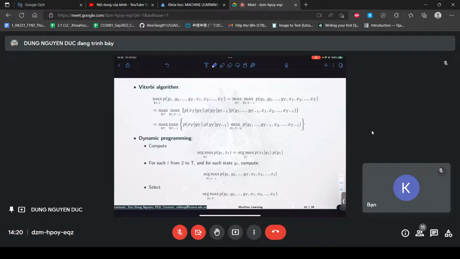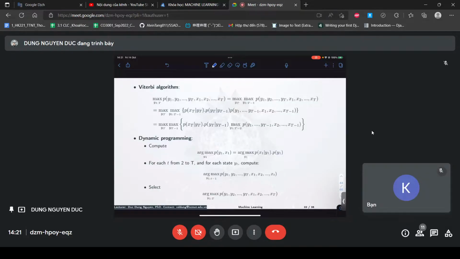you know that you can compute the joint probability of the first state and observation, p of x1 and y1, right? It's easy for you to find y1 that can maximize this for sure.